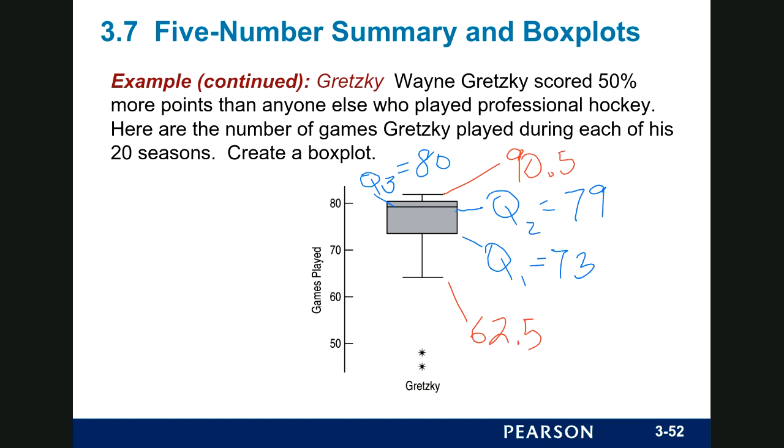Now what am I seeing in this box plot? Right away I can see that Q2, my median, is not in the middle of the box. If it was in the middle of the box, that means my distribution is symmetric. So this is telling me that the distribution is skewed.